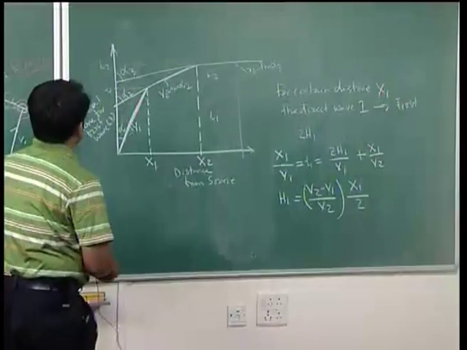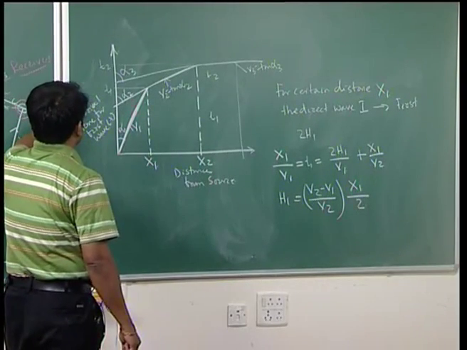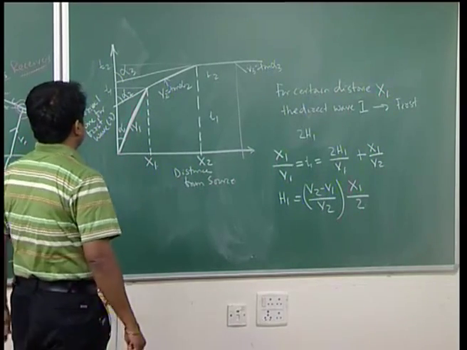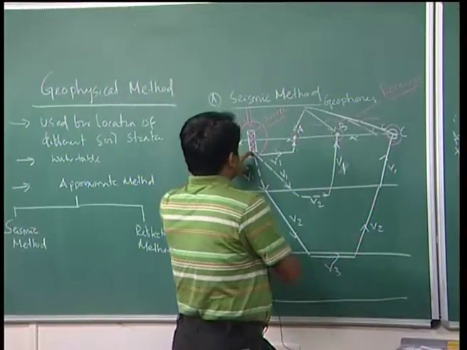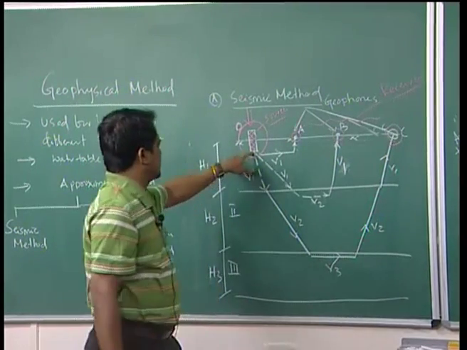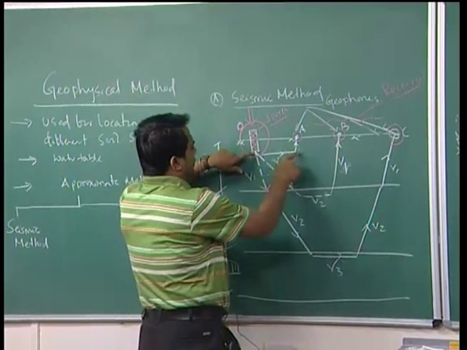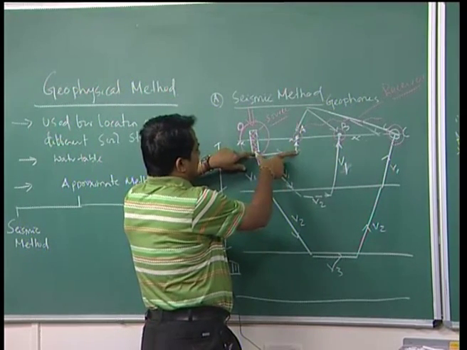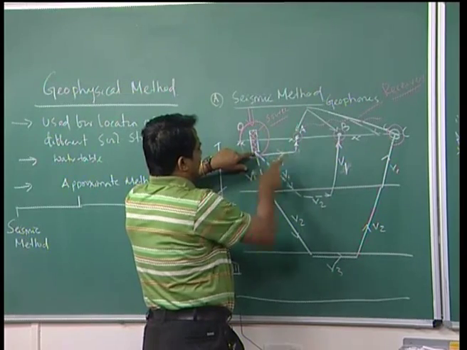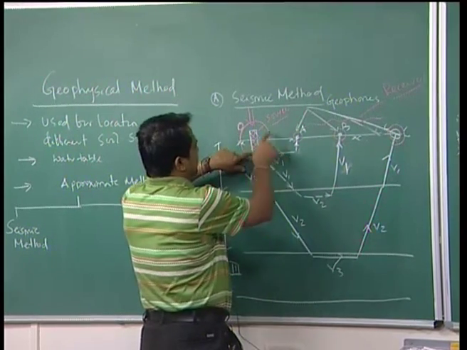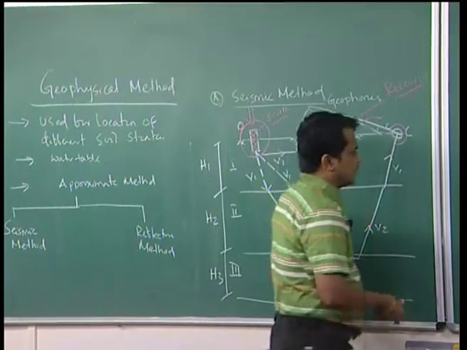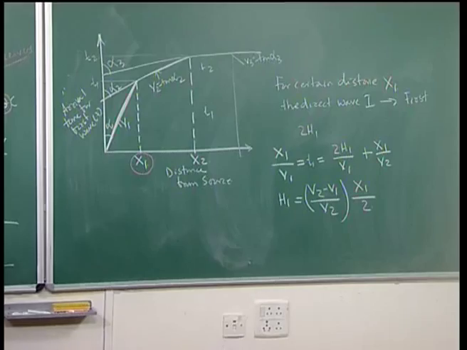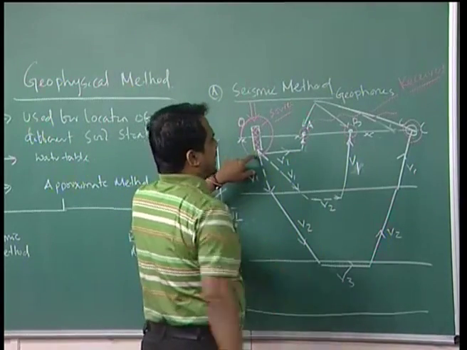If I plot a graph between arrival time for the fast wave t versus distance from the source, first this is your source. From here to here, how much time does it take? It takes t1, which is the distance travelled, let us say x1, by V1, that is your time.